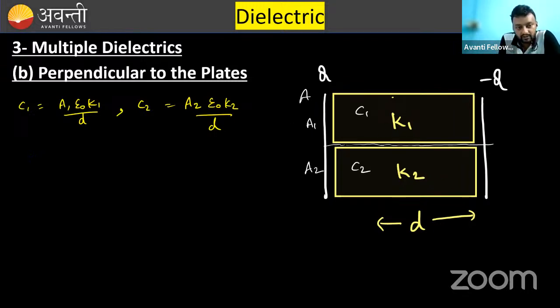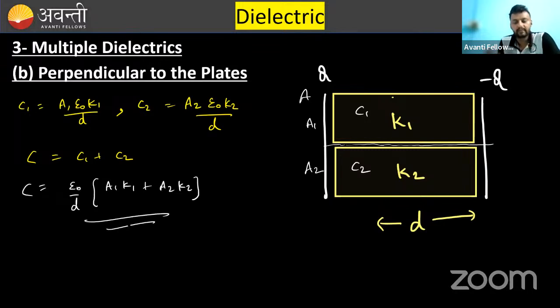If they are in parallel, C equivalent is equal to C1 plus C2, and you can add them directly. If you add them, epsilon naught by D will be common. It will be A1 K1 plus A2 K2. This is what you get.